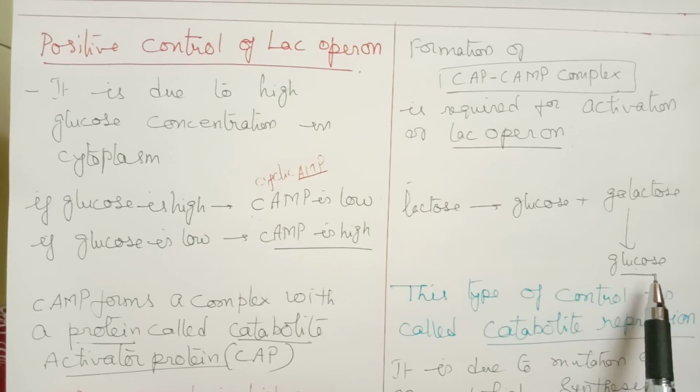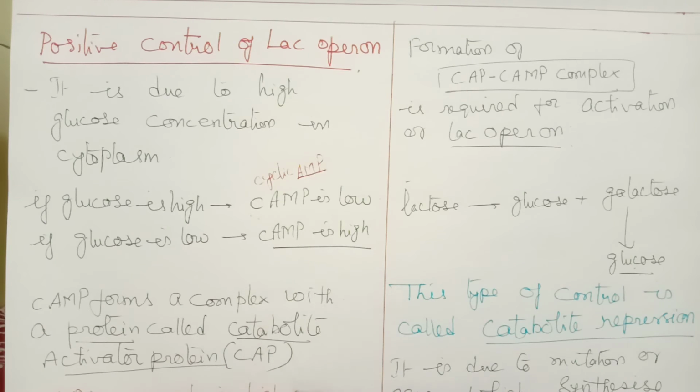So when glucose is increasing, it is called a positive control. That means Lac Operon cannot function or it becomes inactive. It slows down. That is how you have to understand the positive control.